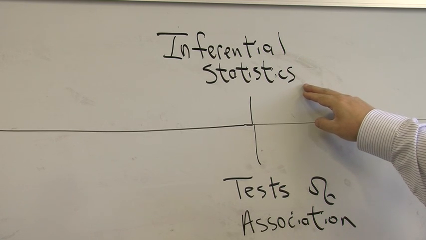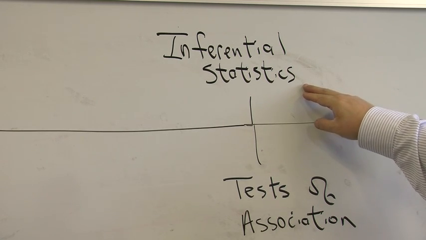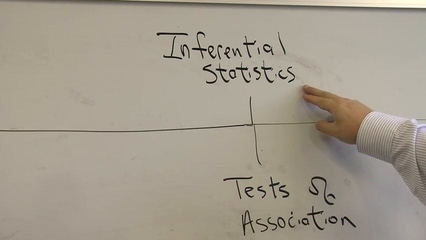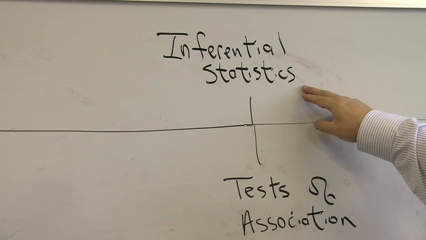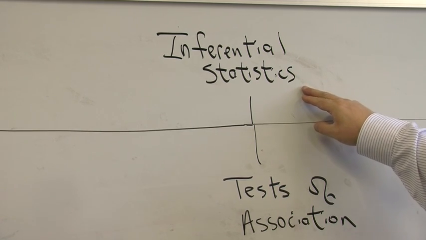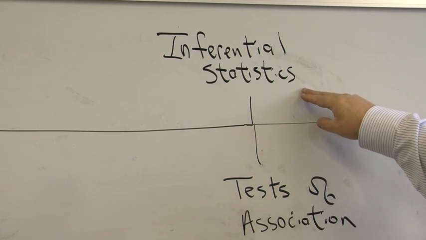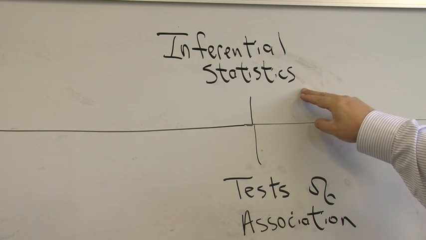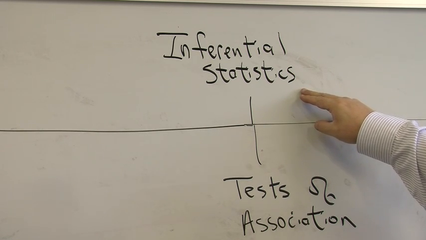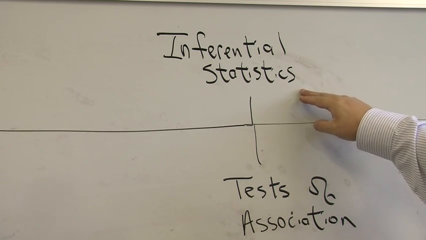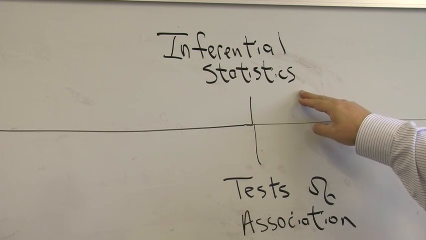Now, what I'm going to do here is I want to organize your understanding of inferential statistics around three different types of inferential statistics. I talked briefly about this in one of our earlier mini lectures, but now I want to show it to you in a hierarchical form.